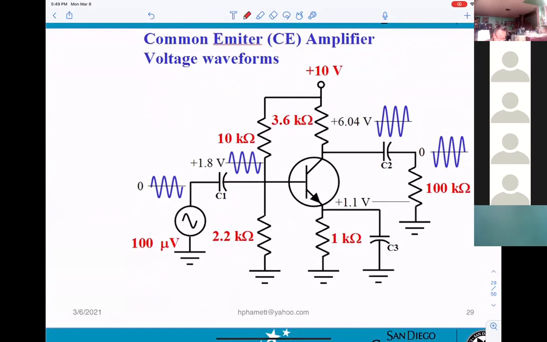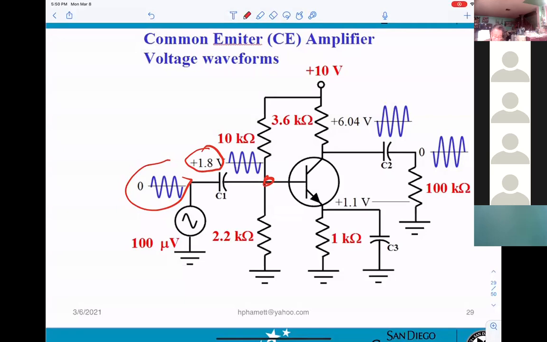In here, you get 100 microvolt, that means your voice. When it goes into the base here, you get 2 volts. One will be DC 1.8 volt, and one will be the sine wave, 100 microvolt.